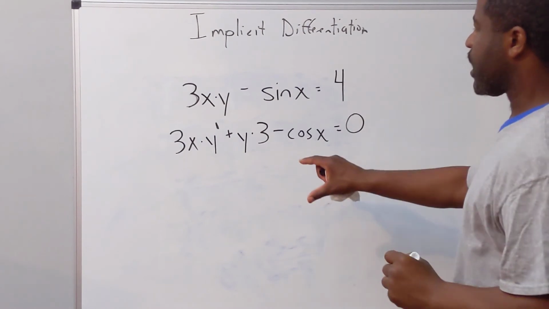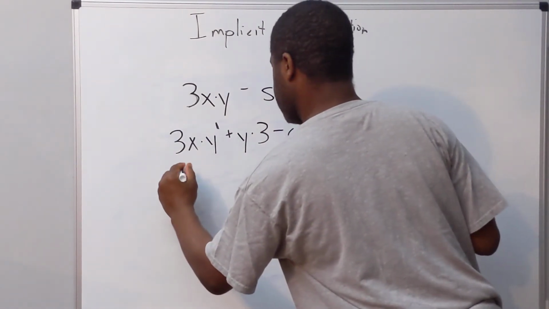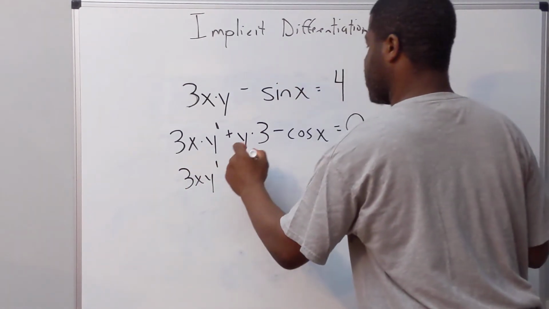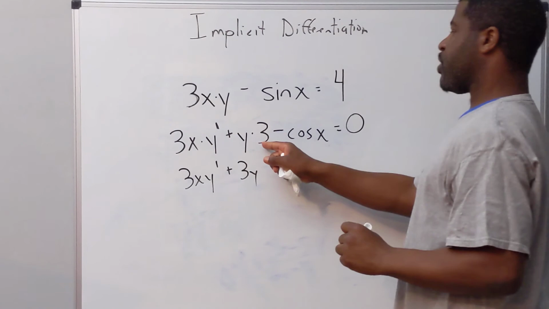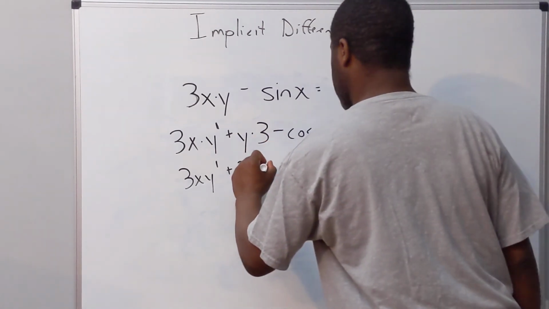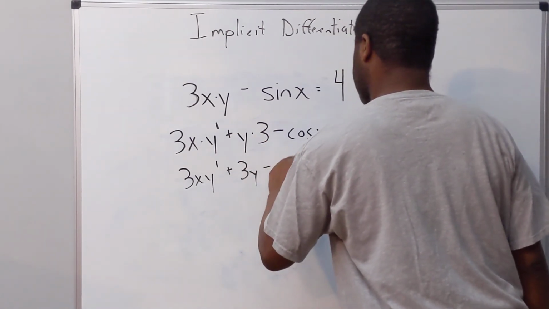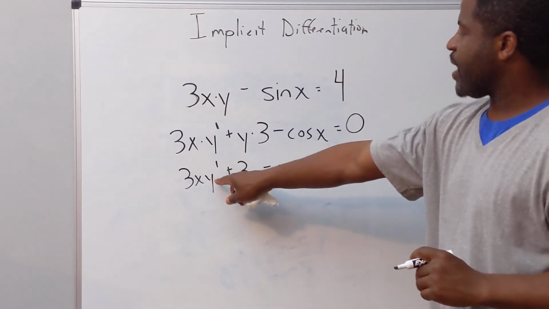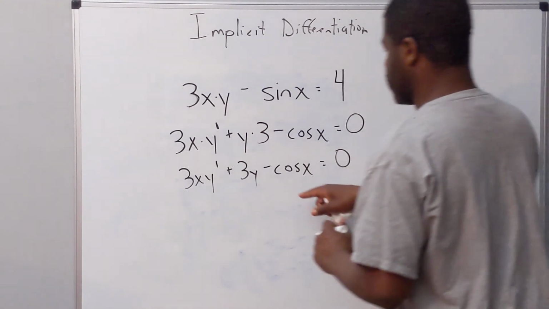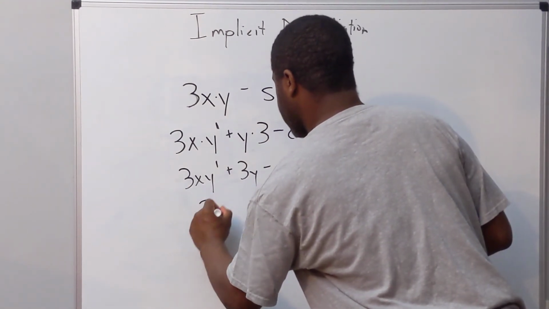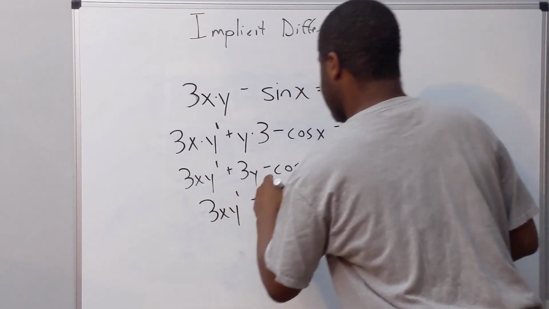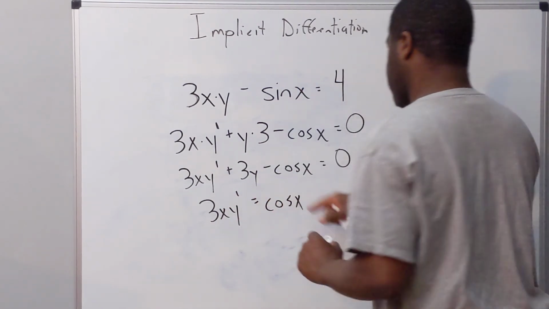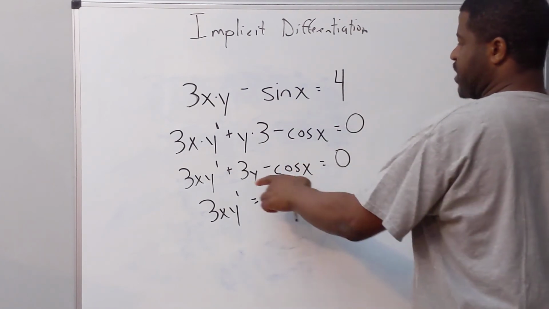All right, so I'm going to clean this problem up. 3xy prime plus 3y. I just want to put the coefficient in front of the variable. Minus cosine x is equal to 0. Now, I still need to isolate that y prime. So what am I going to do? 3xy prime is equal to, first I'm going to move this cosine x over, is negative, on the other side is positive.